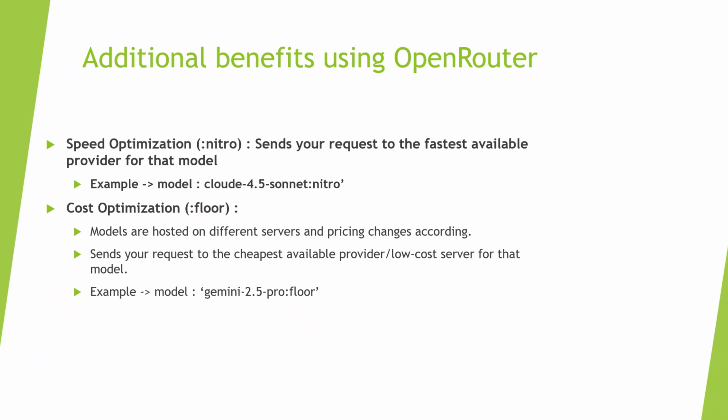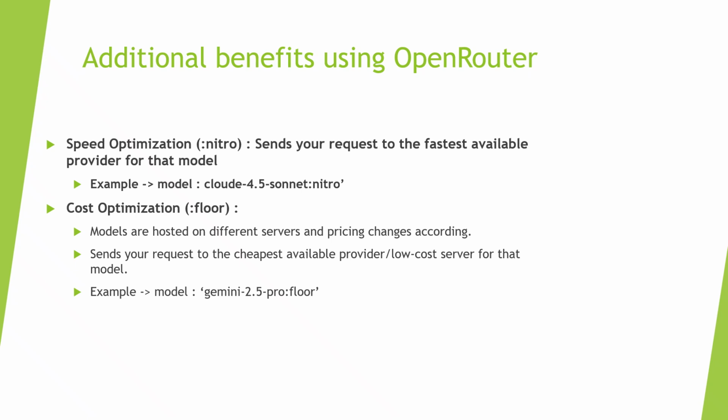So what additional benefits will you get using OpenRouter? There are basically two benefits which I see. The first one is speed optimization. Whenever you use :nitro in your model, it will call the fastest available provider for that model.